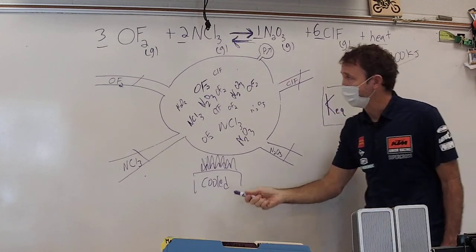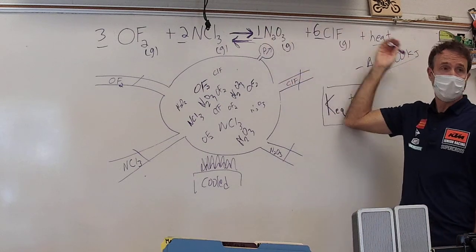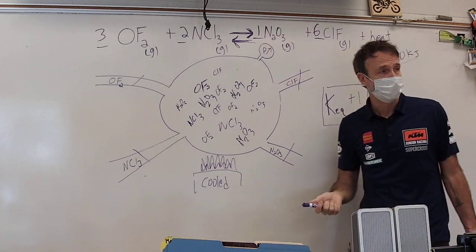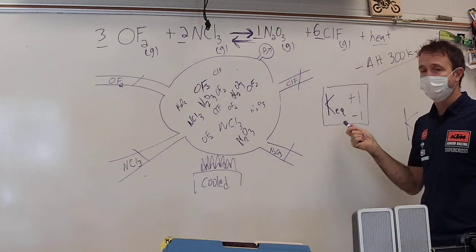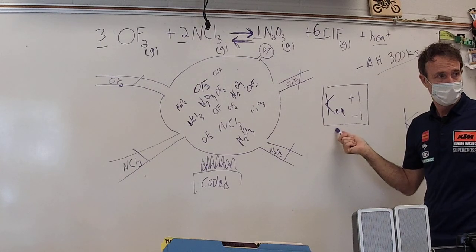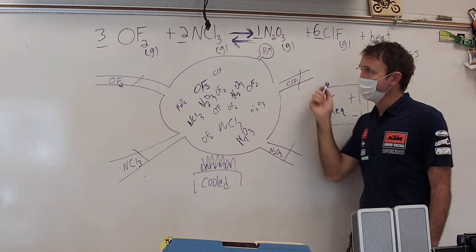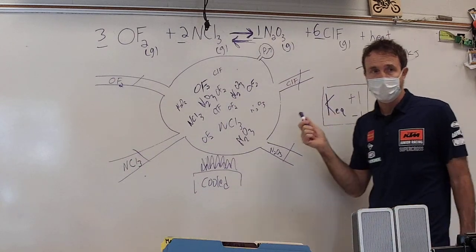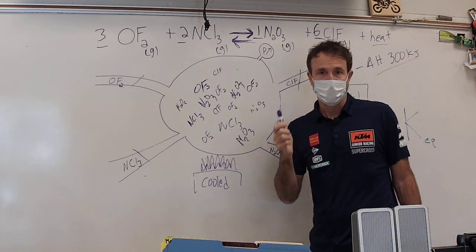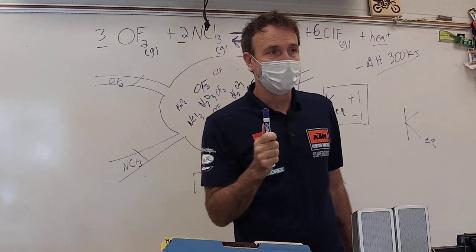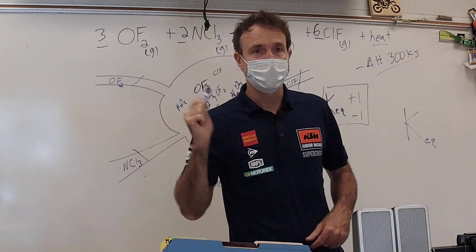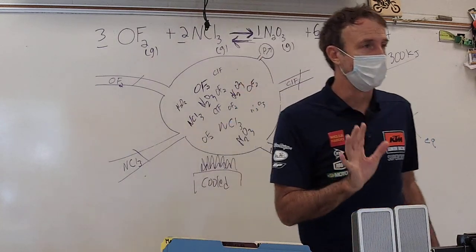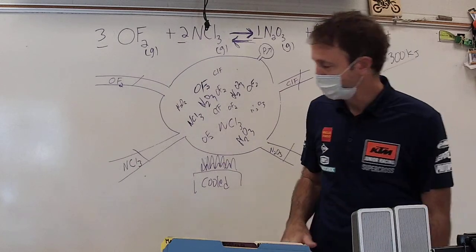So if we cool it off, it can produce more heat, just like your car engine. And the K will stay out of whack. So that is the long and the short of Le Chatelier's principle, except for one more thing. That was a review. Here's the one more thing you have to learn.